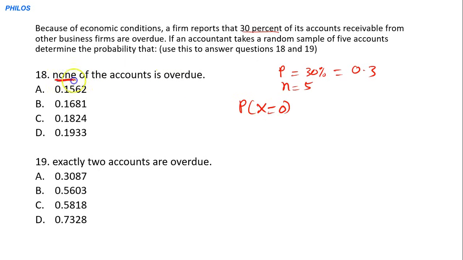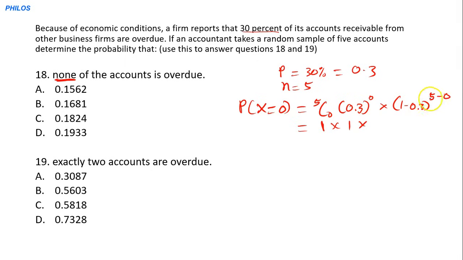None means 0. So that will be what? 5 combination X times P exponent X times 1 minus P, which is Q, exponent N minus X, 5 minus 0. So when you put this on your calculator, 5 combination 0 is 1, times 0.3 exponent 0 is also 1. 1 minus 0.3 is 0.7.